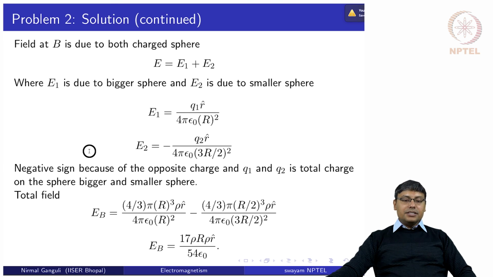The negative sign is because we have opposite charges in the form of Q1 and Q2. Q1 is positive charge and Q2 is negative charge. So, the total charge on the bigger sphere and the smaller sphere we have to calculate in terms of the volume charge density that is given, and by doing that we can find the expression for E at point B as 17 rho r cap over 54 epsilon naught.